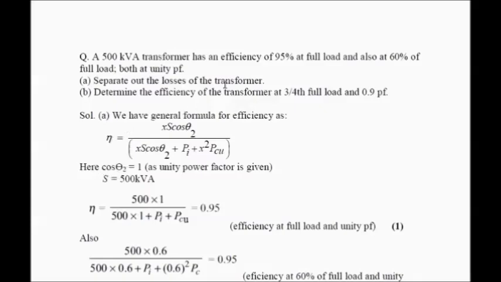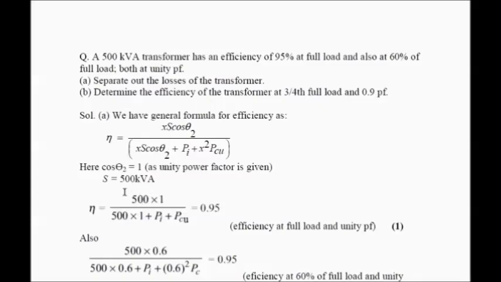And here from the question we have 95% efficiency for this load and unity power factor. Since unity power factor is given, cos theta 2 is 1. S here is 500 kVA, so considering all the units in kilo only, S will be 500. So what is efficiency for full load unity power factor? If it is full load, then x equals 1.